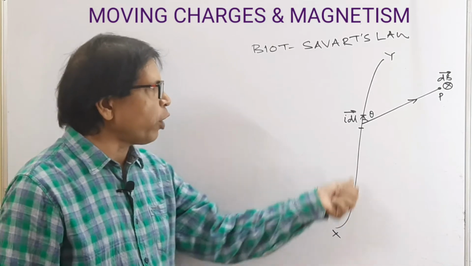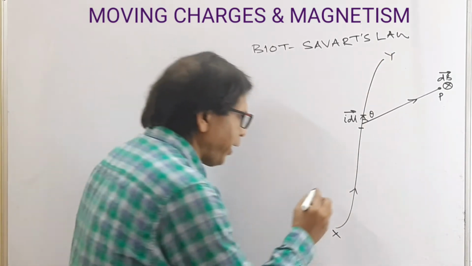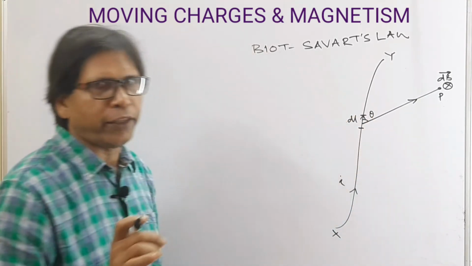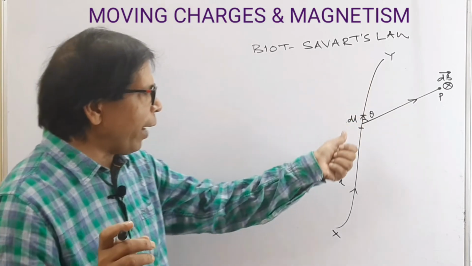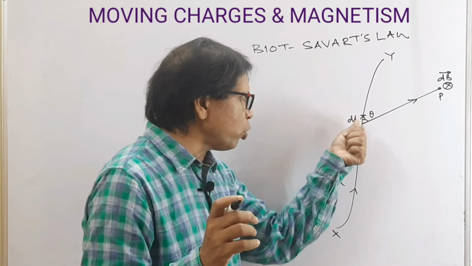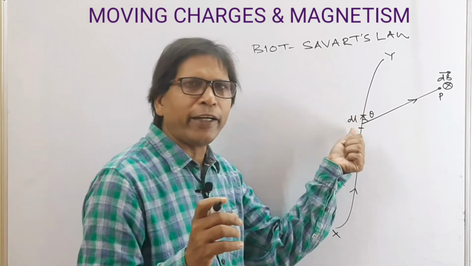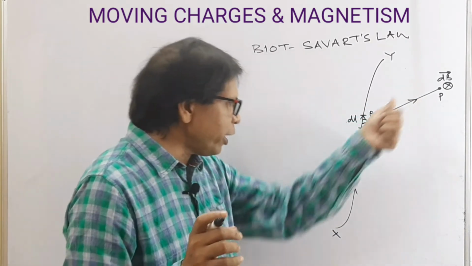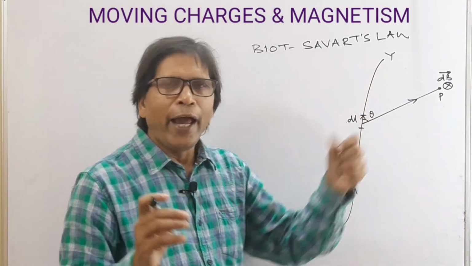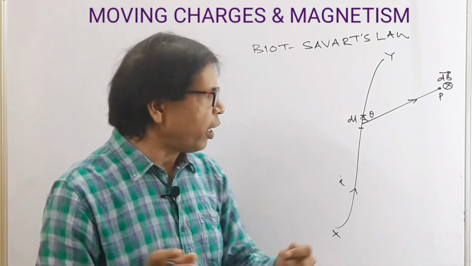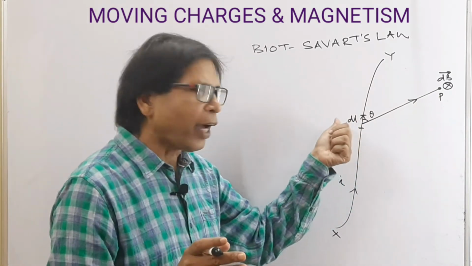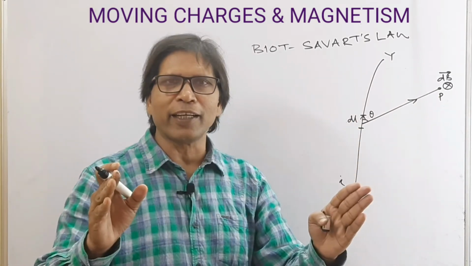Okay. Now Biot-Savart's law. Suppose XY is a conductor carrying current I as shown in the figure. Suppose dl is a very small length. According to Biot-Savart's law, the magnetic field due to this current is directly proportional to the small element dl. The magnetic field is also proportional to the current through the conductor and inversely proportional to the square of the distance of the point P from the current element I dl vector.